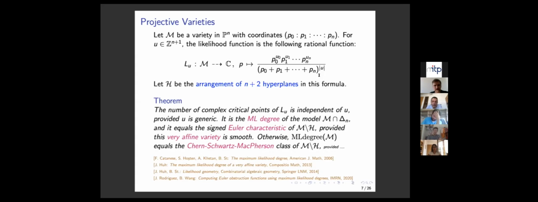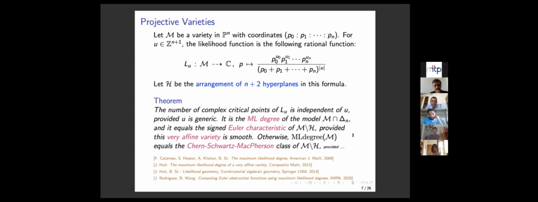This is the ML degree of the model as defined earlier, and it equals the signed Euler characteristic of the variety minus the n plus 1 hyperplanes, provided that complement, that difference, is a smooth, very affine variety. Very affine means subvariety of the torus.